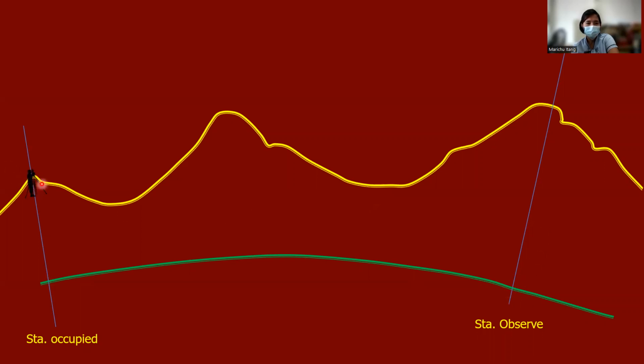So, as you can see, there is an instrument man here. The line of sight of the instrument man is this, if he targets to see our occupied station. It is impossible for him to see the occupied station since there is a hill here. So we see an obstruction. Our goal is to determine the height of our obstruction so we can compute what height of tower to establish on this side, or what height of tower we establish here, so we can see our observed station.